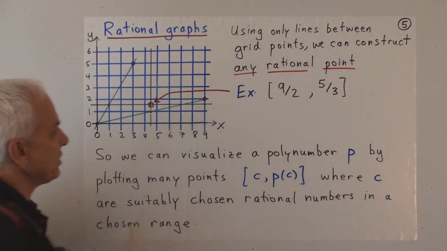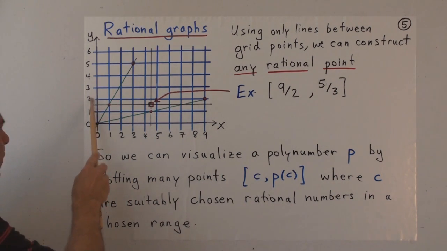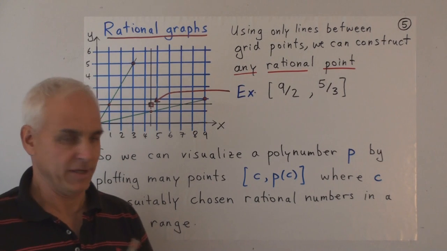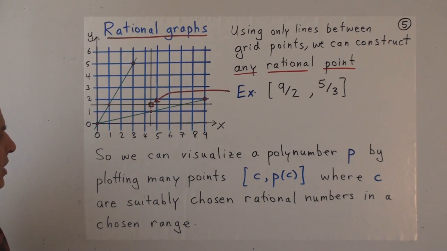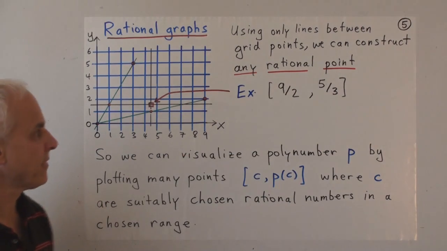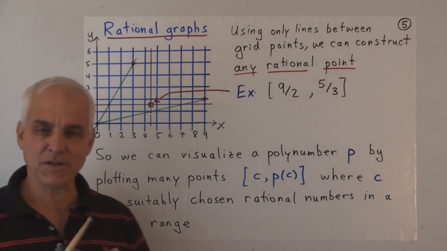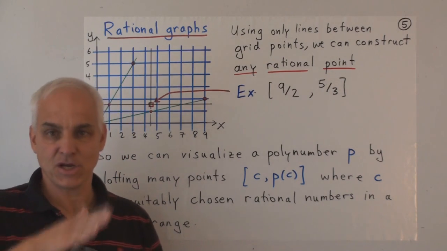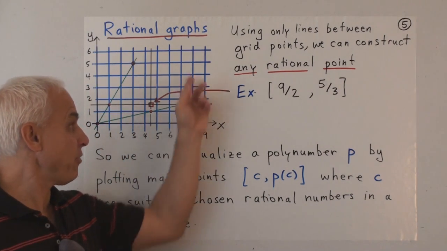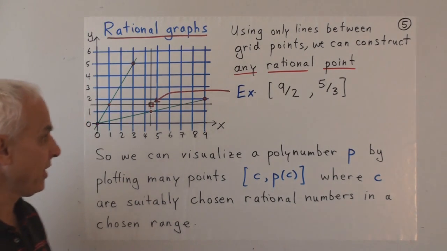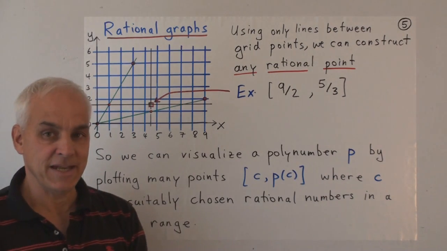And 5/3 is somewhere between 1 and 2, and we'll do it roughly. But we would like to do it exactly because we would like to be completely correct here. So how do we construct such a point? It's important to realize that we can construct such a point with just lines connecting existing points in our grid plane. So I'm going to show you how to do it for this point, and I hope you'll see the pattern.